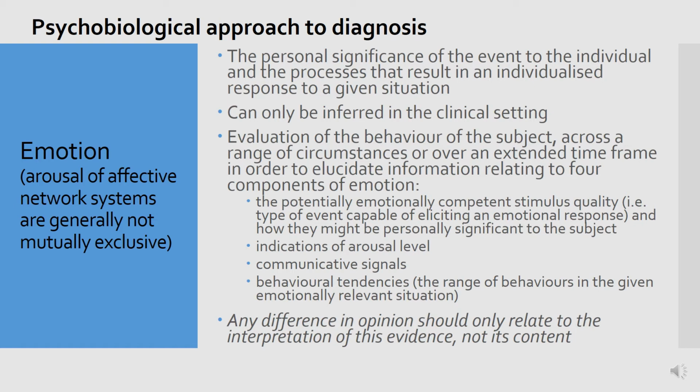If we now consider the issue of emotion, there's actually no consensus on what emotion is, even within the human field. And in this context, I'm referring to arousal of affective network systems, and these are not necessarily mutually exclusive. If you look at the field of emotion study in humans, then you will see the nature-nurture debate.